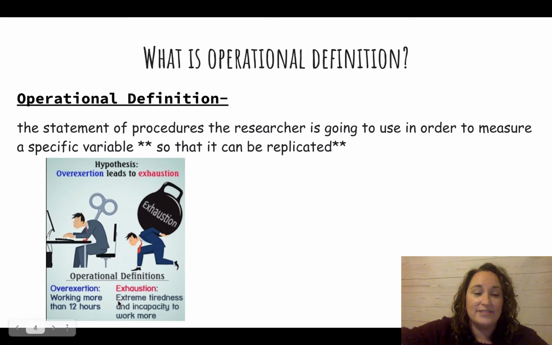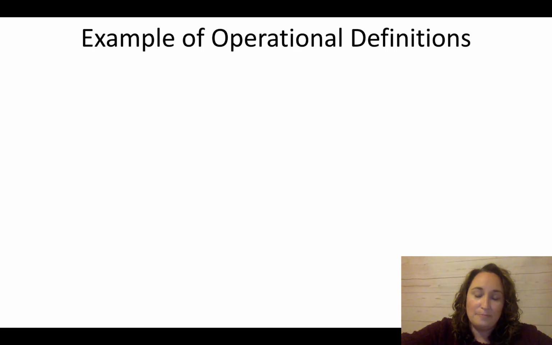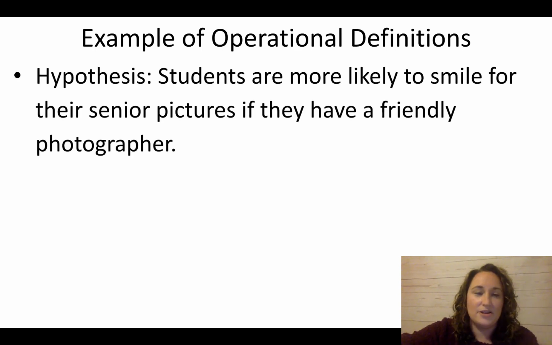We're defining that as extreme tiredness and incapacity to work more. And this study would have to go into specifically, we gave people this scale of measurement and kind of really clarify how they measured exhaustion in order for it to be correctly operationally defined and so that it can be replicated.